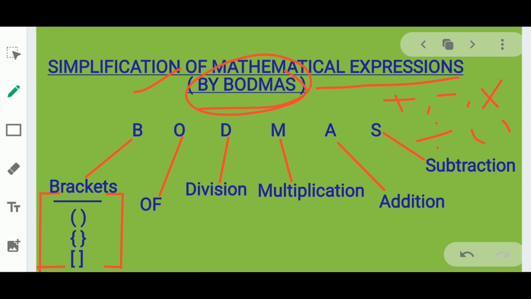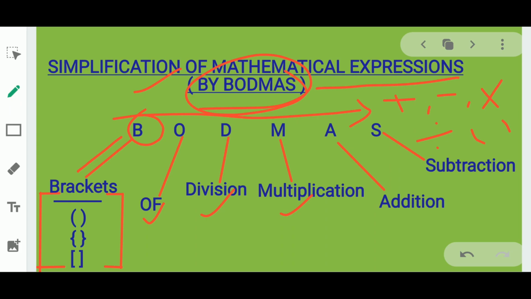First of all, I want to tell you, students, that every letter of BODMAS has its own full form. B stands for brackets, O means of, D means division, M for multiplication, A stands for addition, and S stands for subtraction. This is the sequence we have to follow. If there is any mathematical expression in which a bracket is present, first of all we have to solve all the things written in brackets.